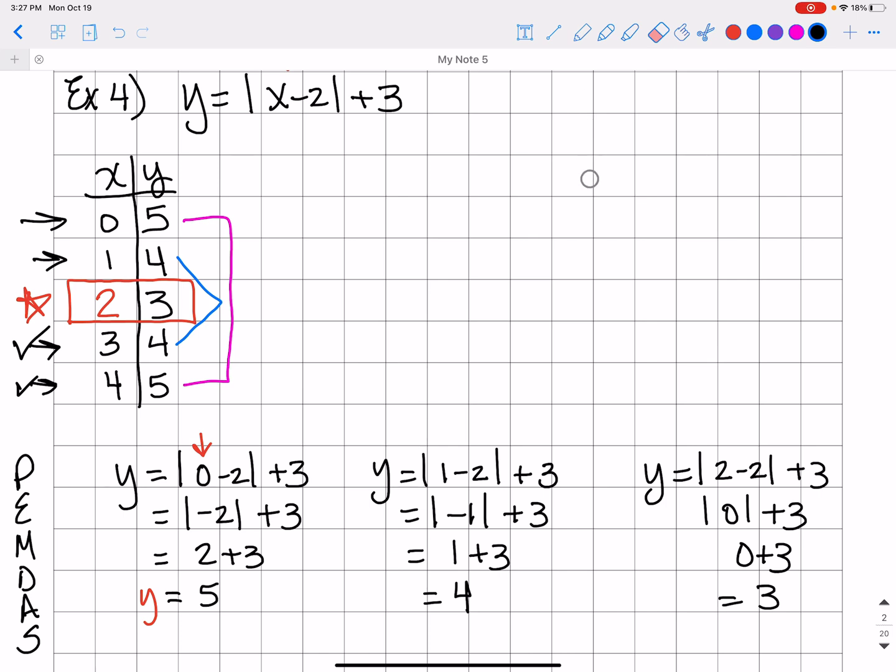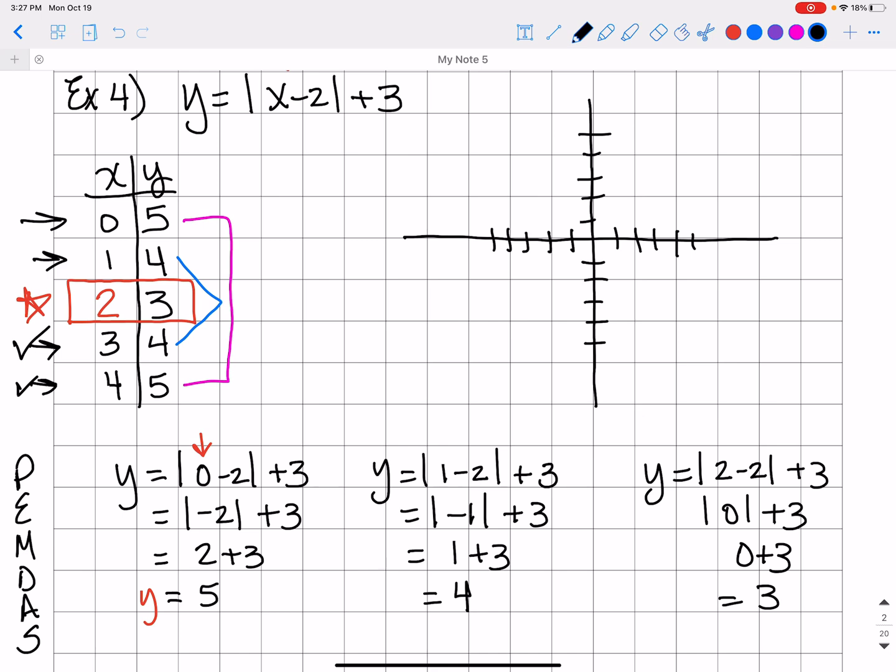All right, so let's draw our graph here. Obviously, your graphs in your notes are not going to be perfect because you don't have lines, and that's okay. Mine aren't perfect either. All right, so let's graph these points.